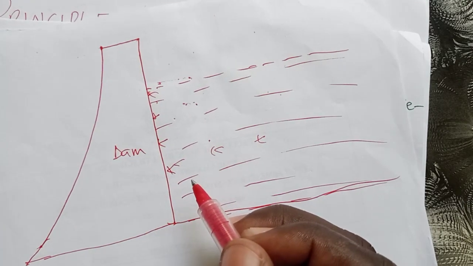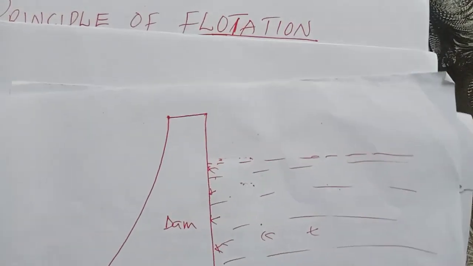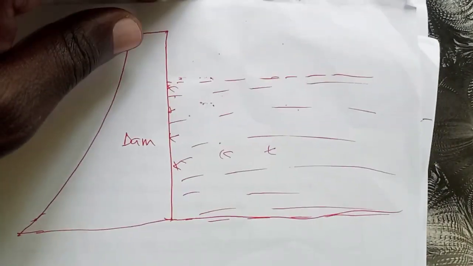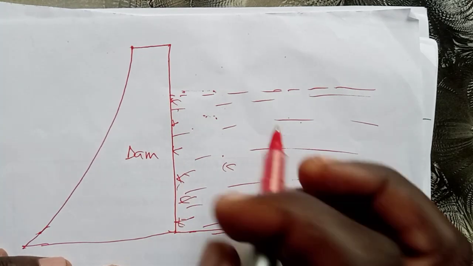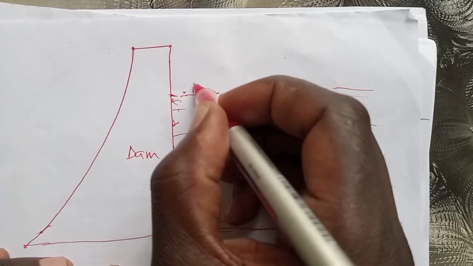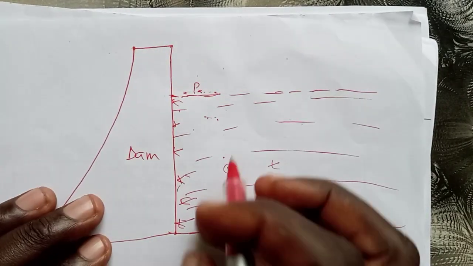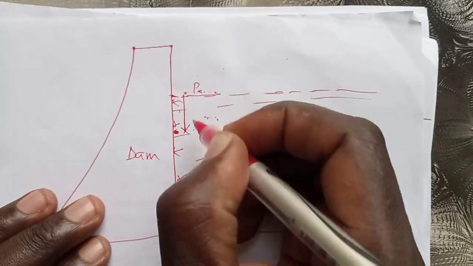We are given the area here, but the area is not important, because here the pressure does not depend on the area. So if at this point here, the pressure is only atmospheric. But if I go down here, I have depth.